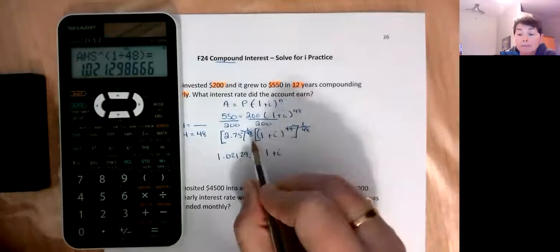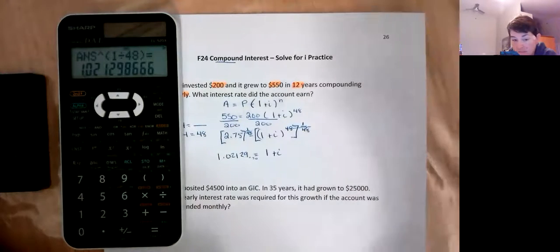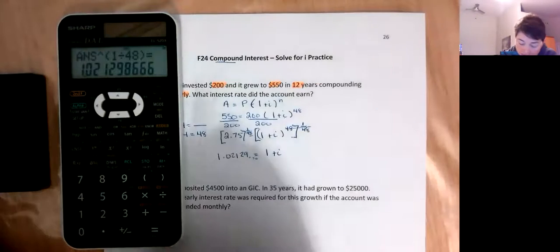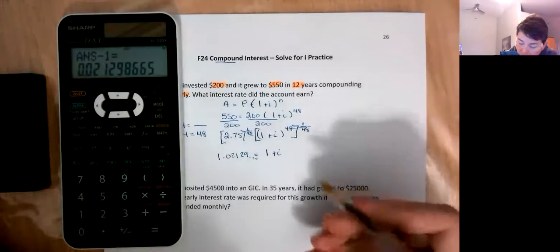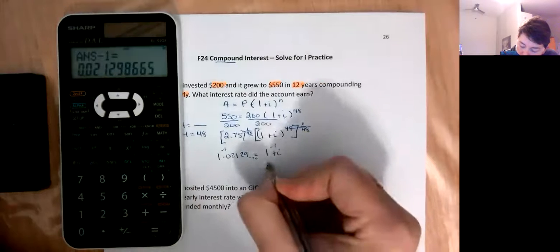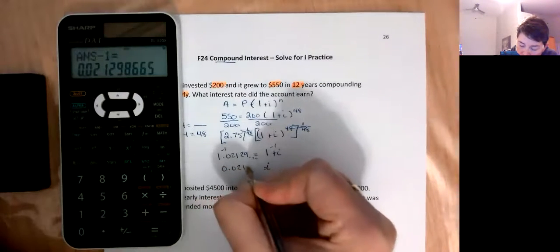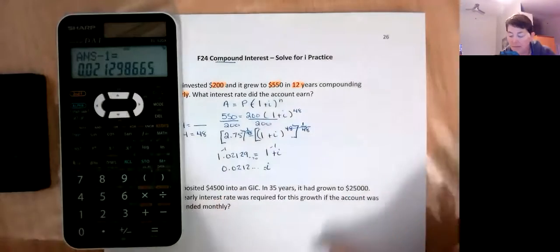When I finish this question, I'll do that again and show you an alternate, but that's the easiest way to do it. So now I'm going to subtract 1, right? Minus 1 here, minus 1 here. So i is equal to 0.0212.